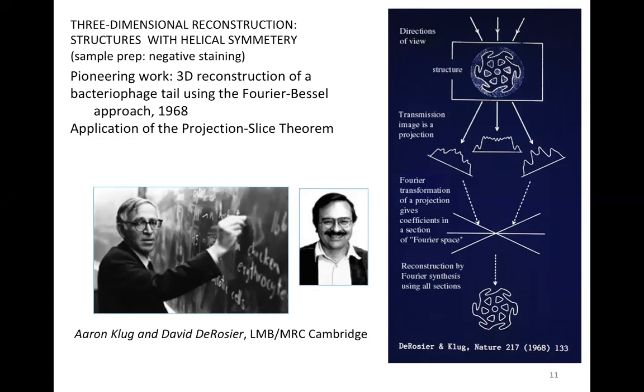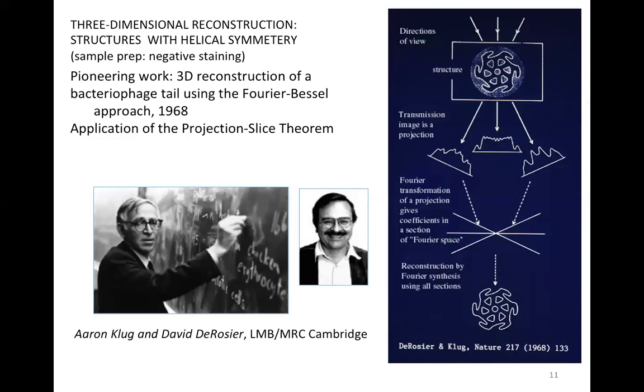In the beginning of molecular electron microscopy, there were several pioneers that applied similar methods as X-ray crystallography to molecules that are arranged in very accurate order. And the pioneers in electron microscopy were Aaron Klug and David DeRosier.